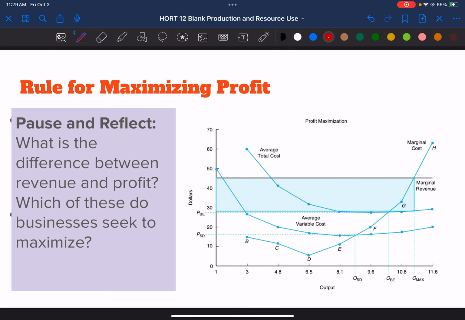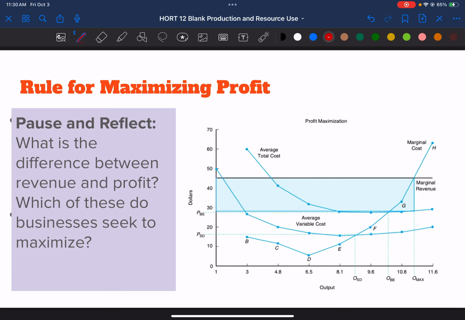And that is it for our lecture on production and resource use. So we talked about different types of markets and competition, perfect versus imperfect. And we know that agricultural markets are as close to perfect competition as you can get. We talked about different types of inputs. So land inputs, labor inputs, capital inputs, and managerial inputs.